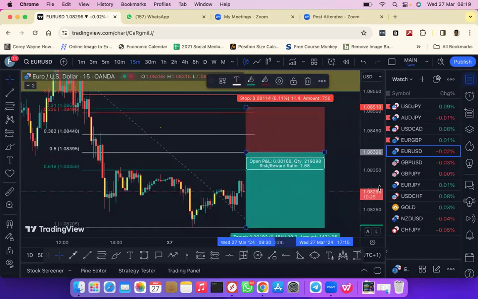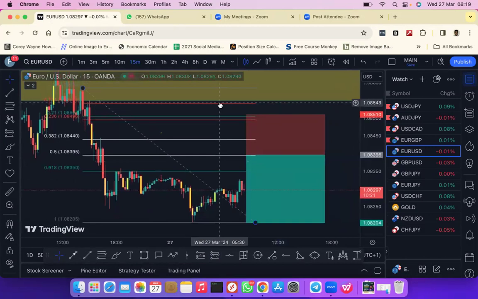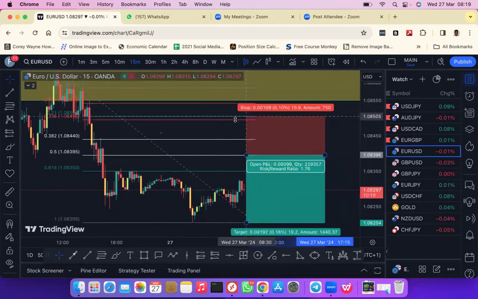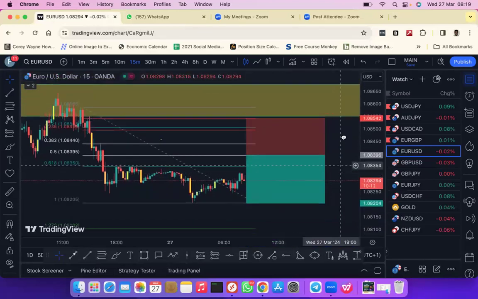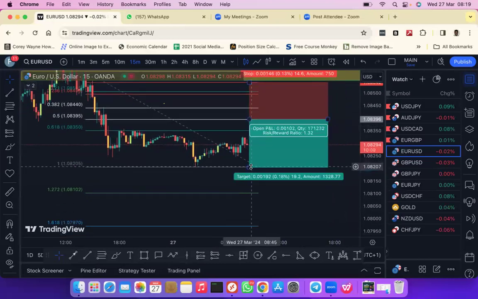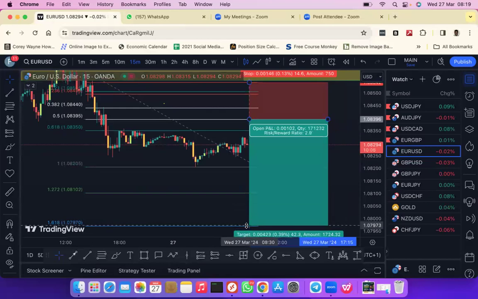Okay, so your first stop loss, like I told you, from 0.236 to this. Okay, so let us go at this middle. All right, and then your take profit, you can use 1.272 or 1.61. It depends on what you want to do.